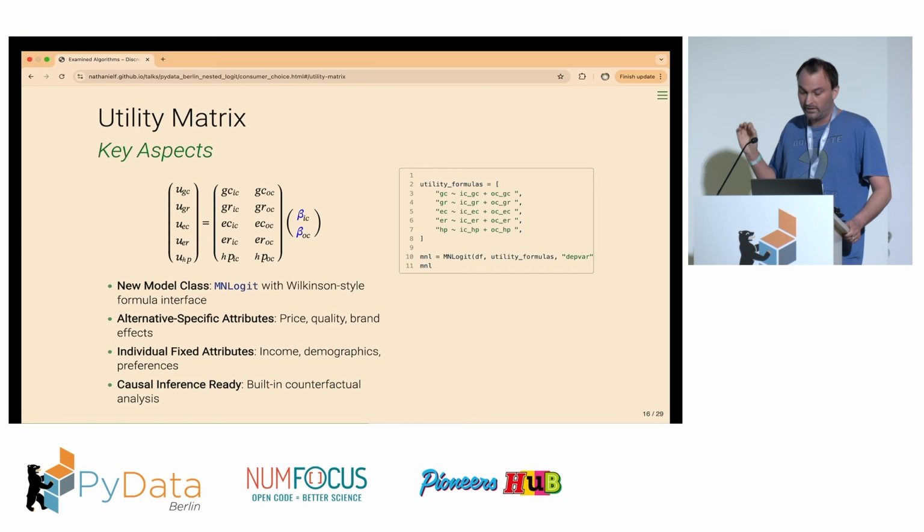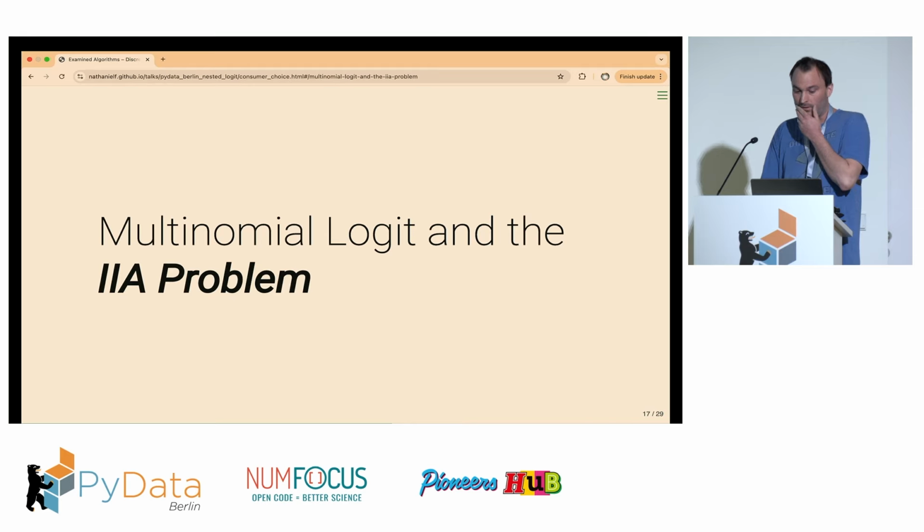So your income doesn't necessarily change when you're looking to consider a purchase of a car or a boat. Your income is the same, and one is feasible and one is not. We've also built in some causal inference routines into this modeling because it naturally fits the model class.